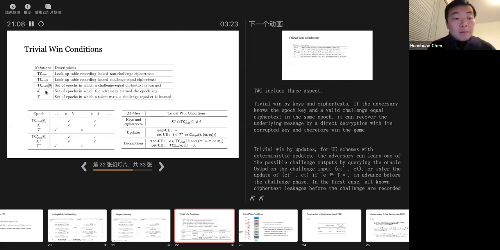The lookup tables are recorded in the security game, but we notice that they can be extended.